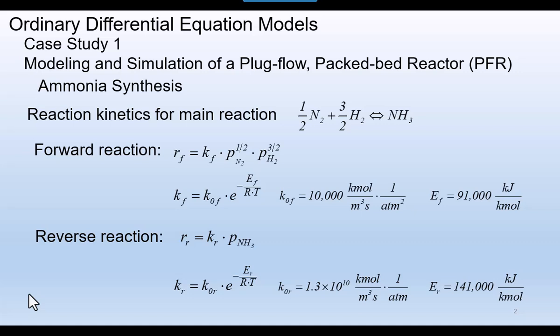It's for the combination of nitrogen and hydrogen to produce ammonia, but the reaction has a forward path and a reverse path, and these are described here in terms of partial pressures, because this is a gas phase reaction where we have a forward rate of reaction where the rate parameter is temperature dependent and is provided by the Arrhenius expression with these parameters for the pre-exponential factor or frequency factor and the activation energy.